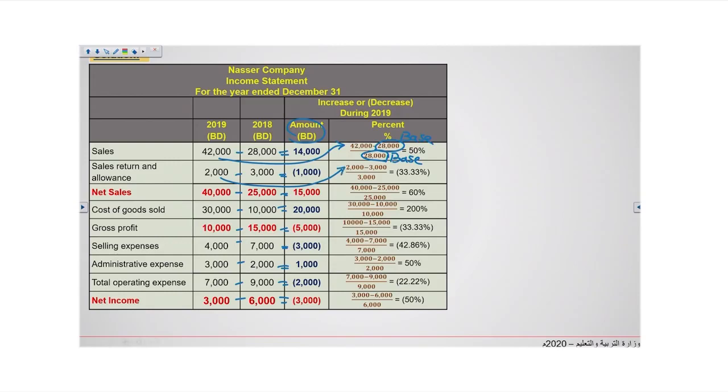We will add the current year minus base over the base, but in this case we will have 33.33%, but in minus because the amount here already in minus because the sales return is less in 2019. And the same for the whole numbers.